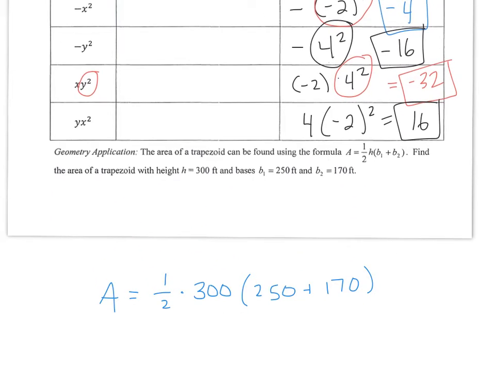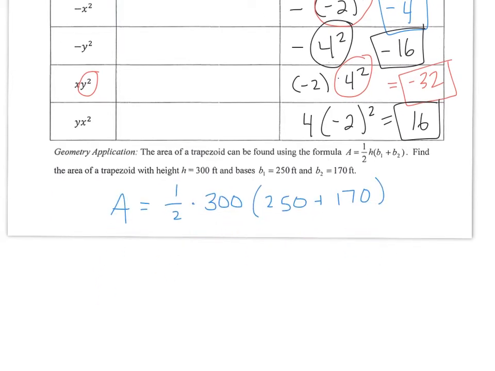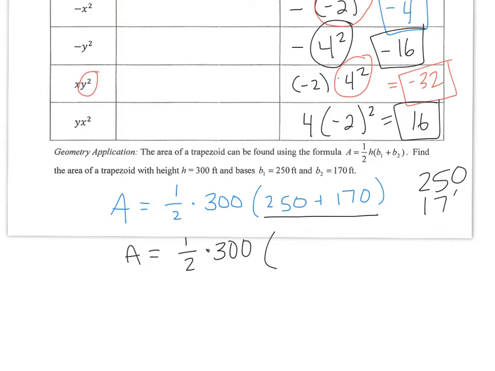So I'm going to do the order of operations. So I'm going to do 250 plus 170. So 25 plus 17 is 420.